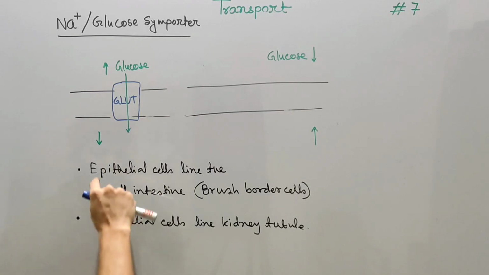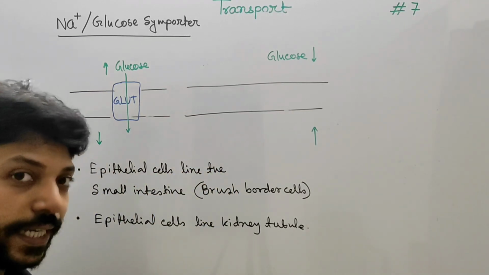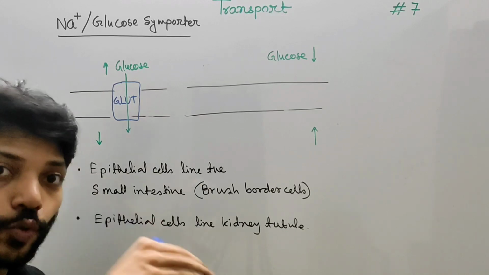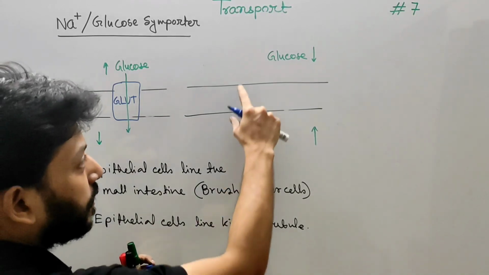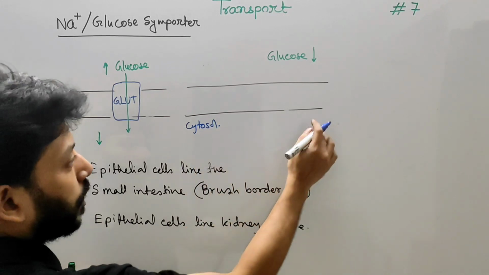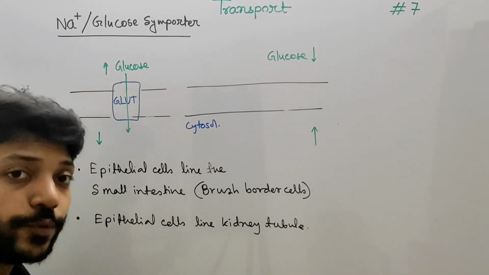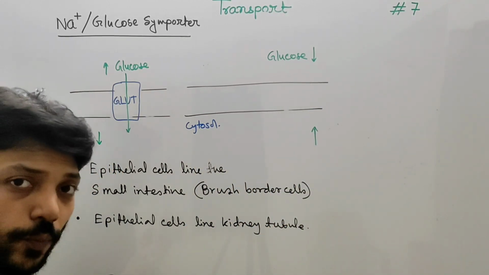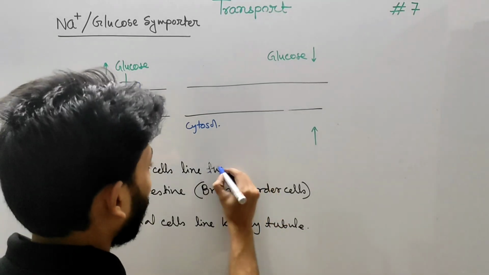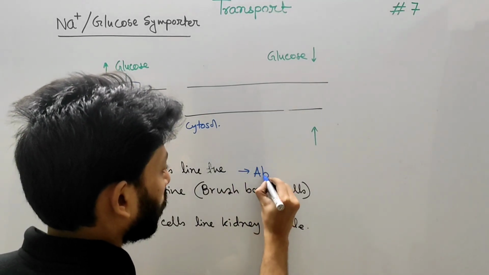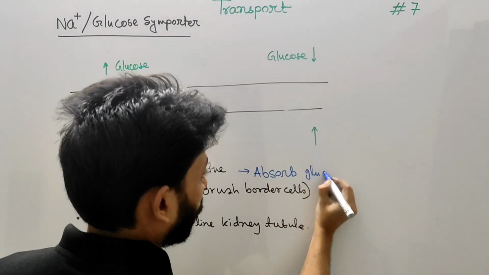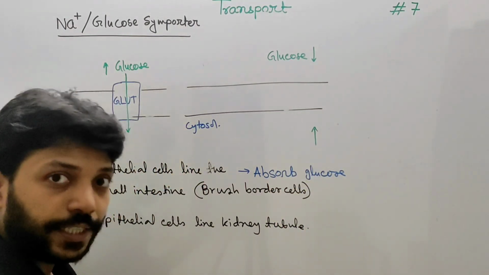These epithelial cells that line the small intestine actually line the lumen of the small intestine, where dietary glucose is present. Suppose this is the cytosol. Inside the cytosol, the concentration of glucose is high because they always absorb glucose from the small intestine lumen, from diet.